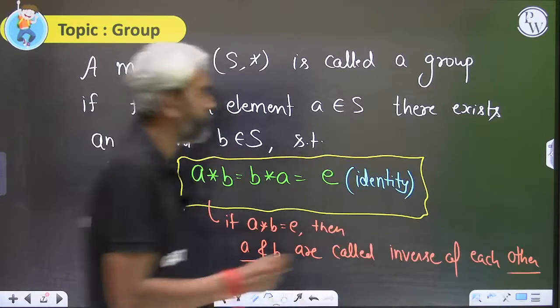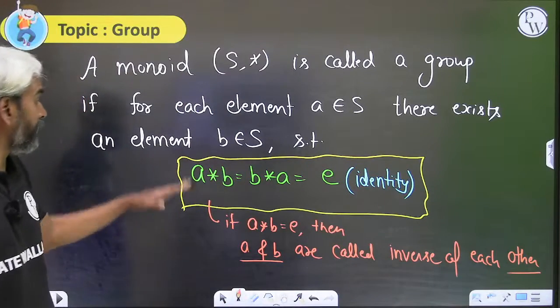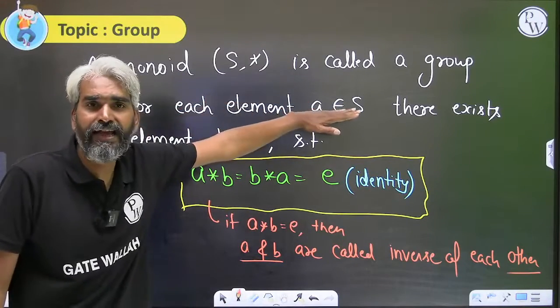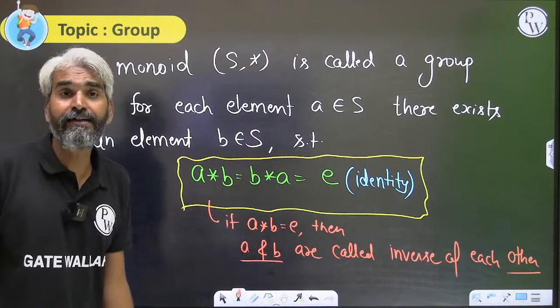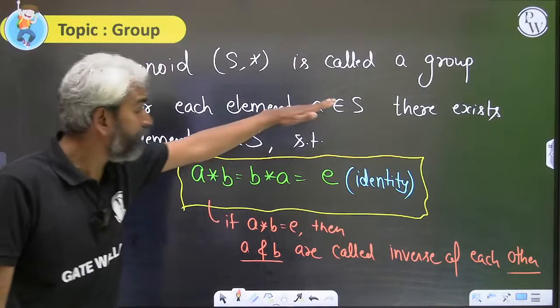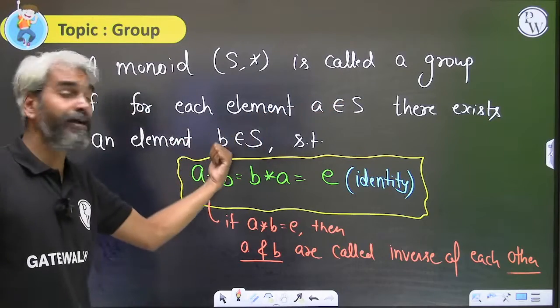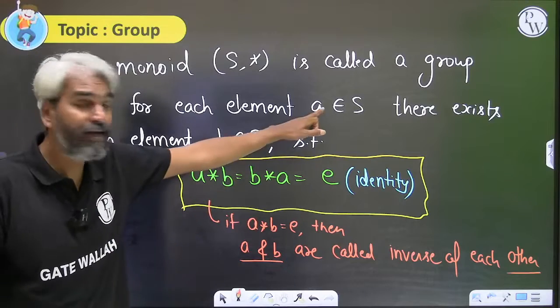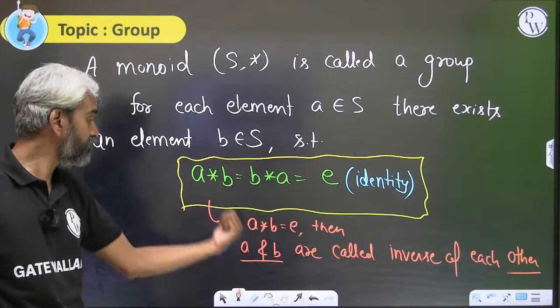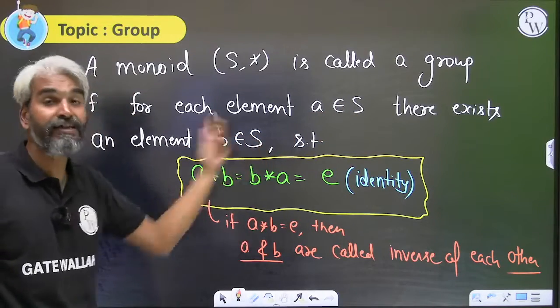What did we say? For each element A, there should be an element B such that A asterisk B equals the identity element. That means for every element of the set, the inverse of that element, which is B, should also be present in the set.